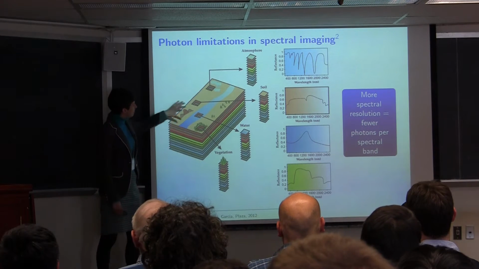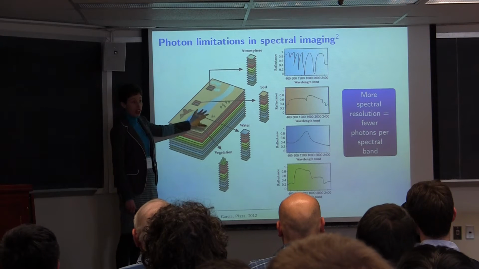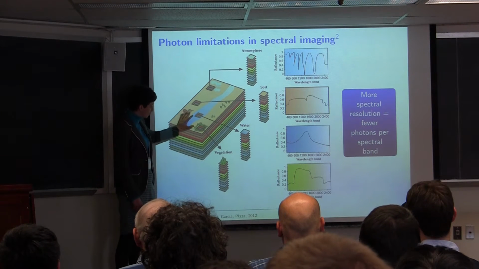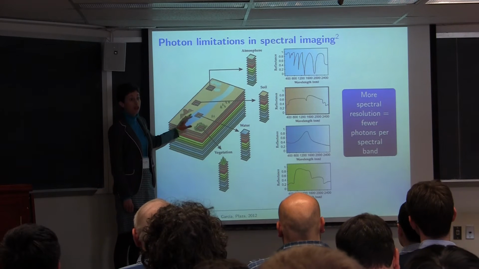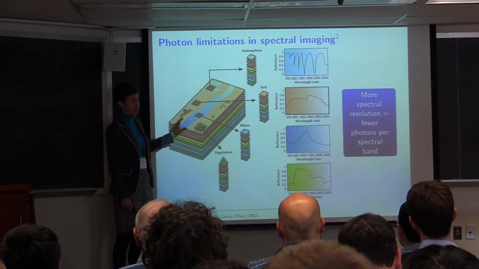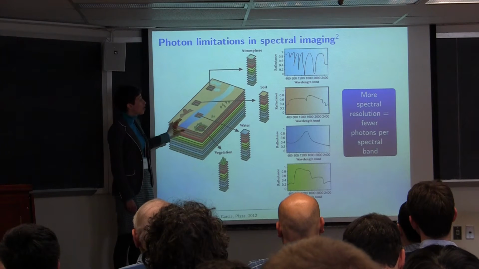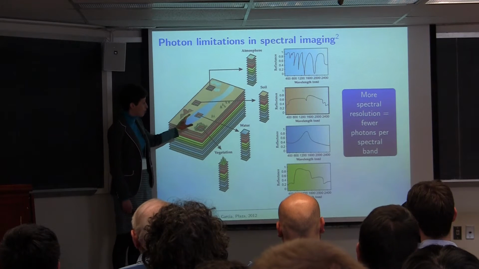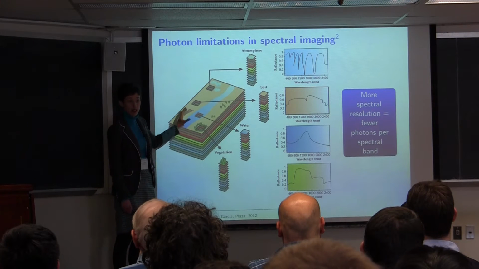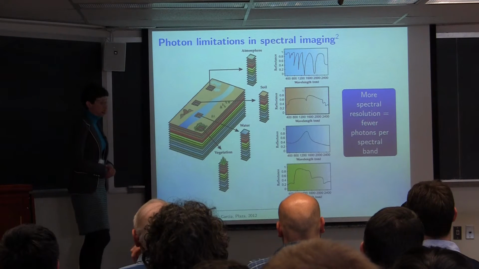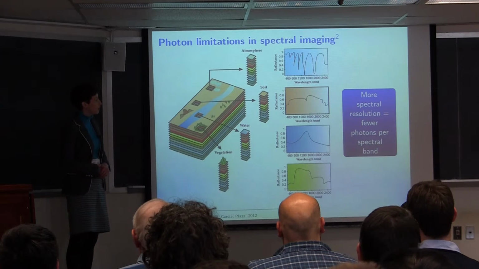Now in general, these data cubes are really big. There are a lot of voxels in them, or a lot of pixels in each slice, but there's also a lot of redundancy. And so it seems like a really natural fit for the ideas of compressed sensing. But very quickly, as you try to get high spectral and spatial resolution, you start having small numbers of photons in each bin, and you have some significant challenges.